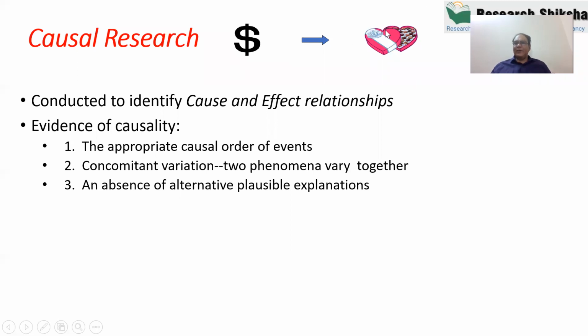So we are identifying whether there is any relationship between money and the heart. So the experiment is very important here. Evidence of causality: we conduct the events, find out the relationship between the events, and we decide the control group and experimental group, and then arrive at a conclusion.